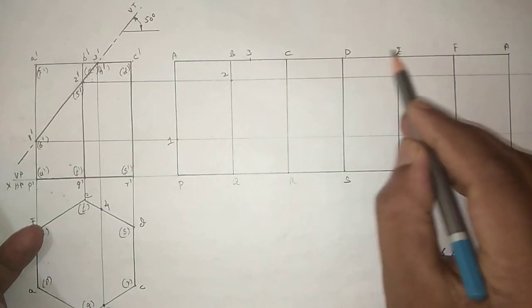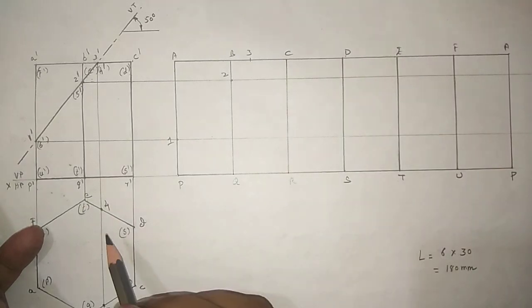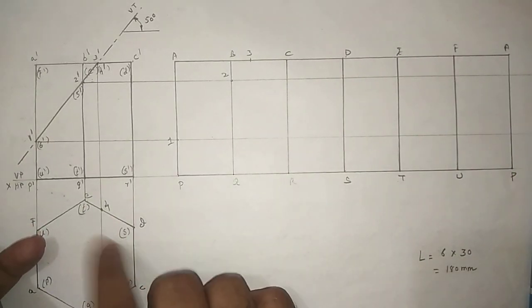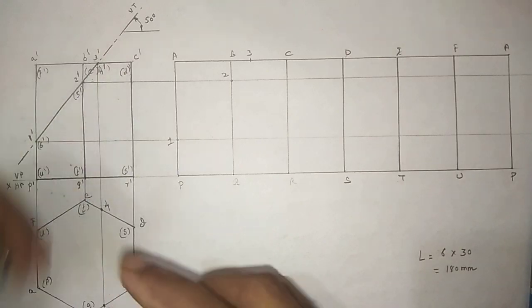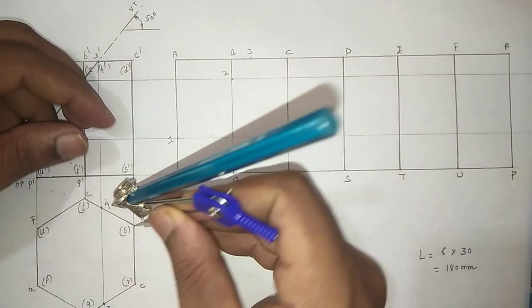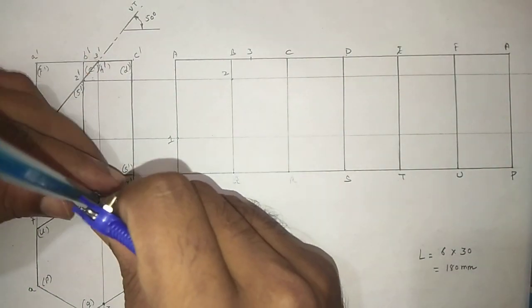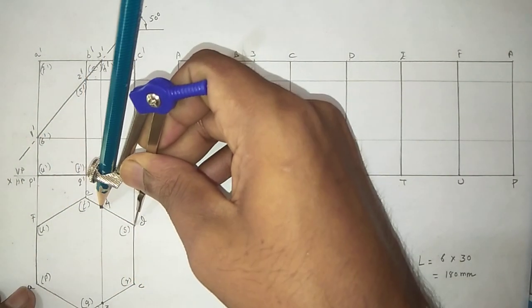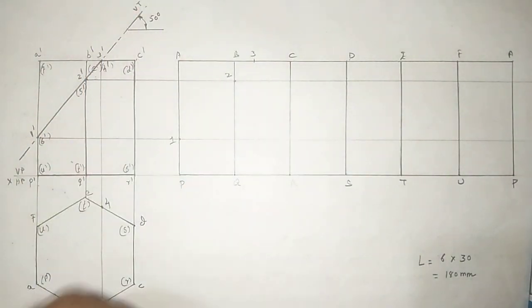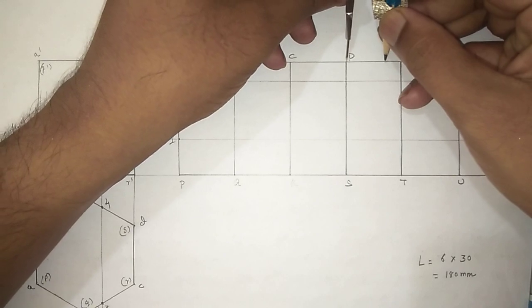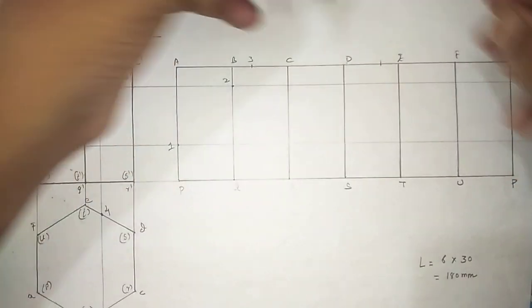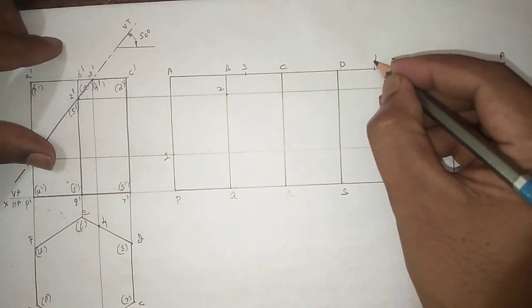So this is the portion D and E. We need to take the measurements from the top view, from D and 4. I take the measurement and place the compass here and mark in this place. So this is point number 4.